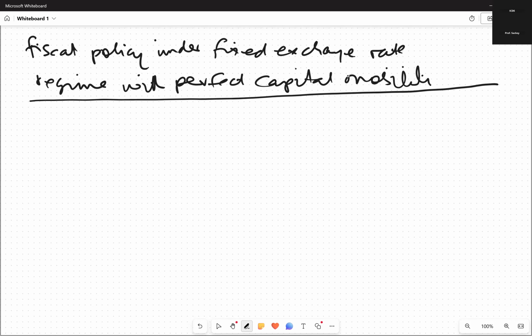And I told you that under fixed exchange rate regime, the exchange rate is determined by the government through the central bank. So under fixed exchange rate regime, exchange rate is determined by the central bank or the government through the central bank.